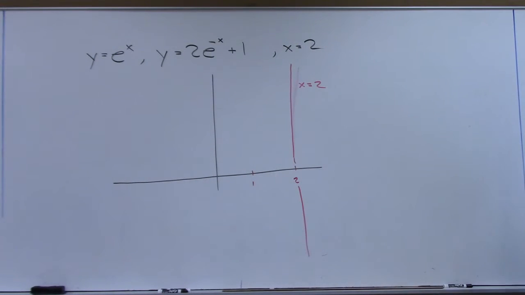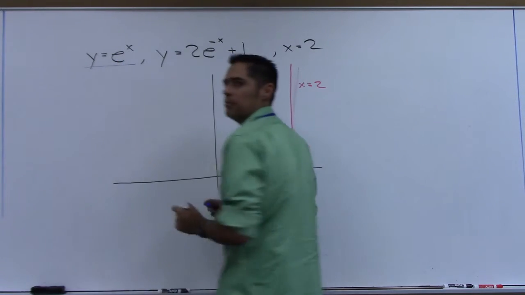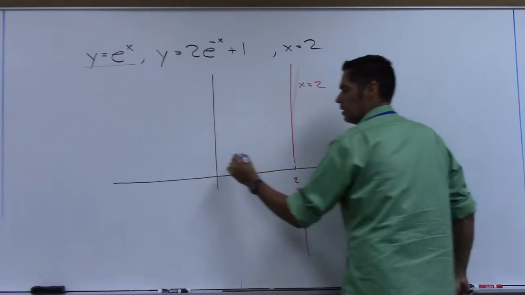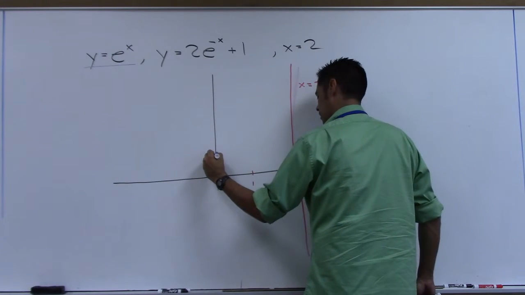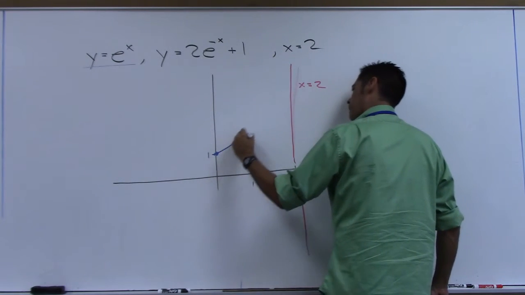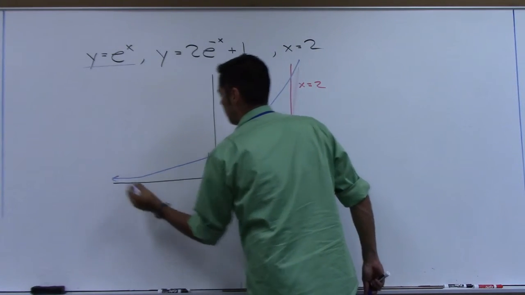All right. E to the x, that one's not so bad, right? E to the x, we should all know what that looks like. It goes like this. Tapers down like that.